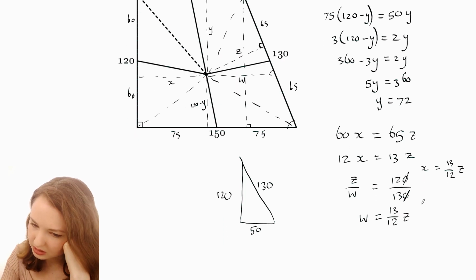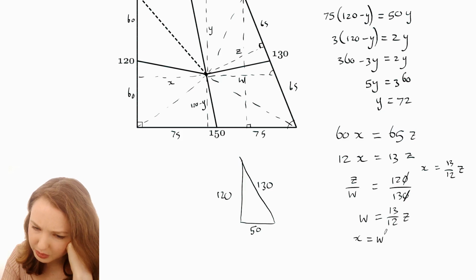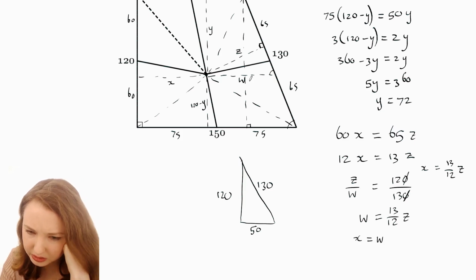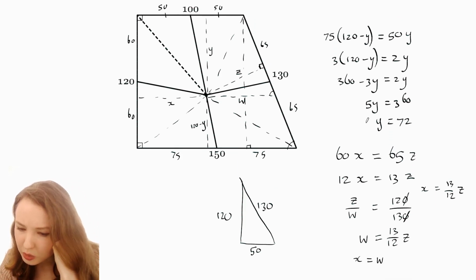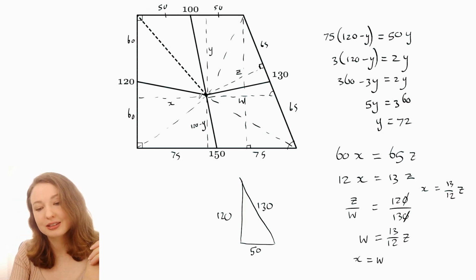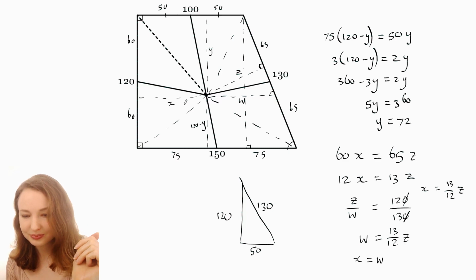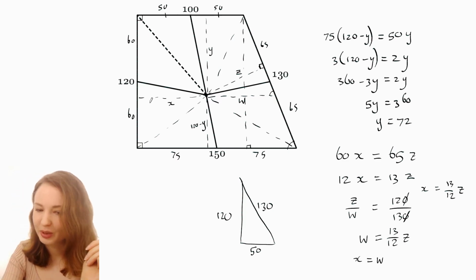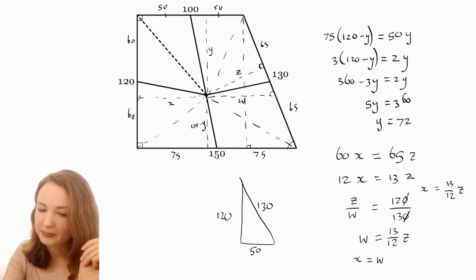I don't know if there's an easier way to get to that. It seems like maybe there is an easier way, but I don't know. Okay, well that's good. That means that if we can work out that distance, then we can work out X. So let's think about what that distance is going to be.